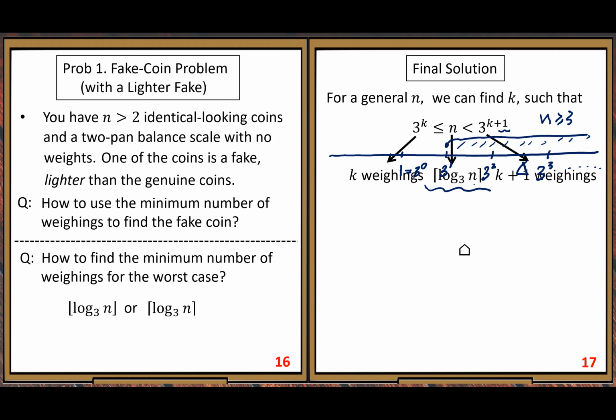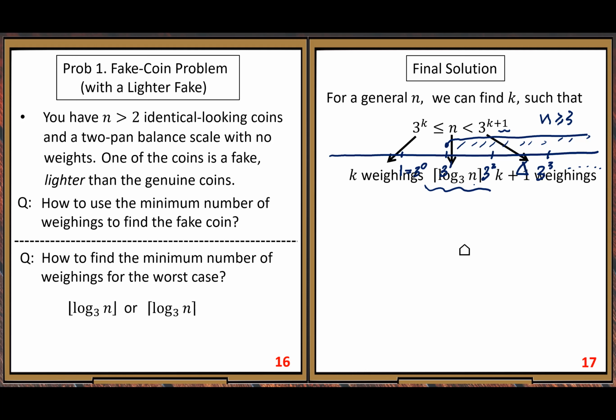Question. Now I'll give you time to ask a question. So basically that inequality is proving that log base 3 of n is the worst case scenario that it will take on. That's what the inequality represents, the best case or worst case scenario.